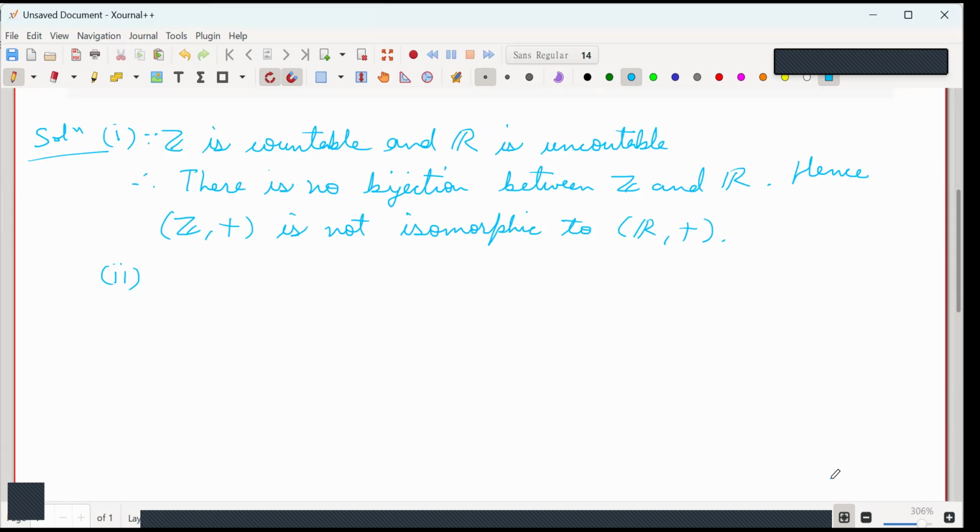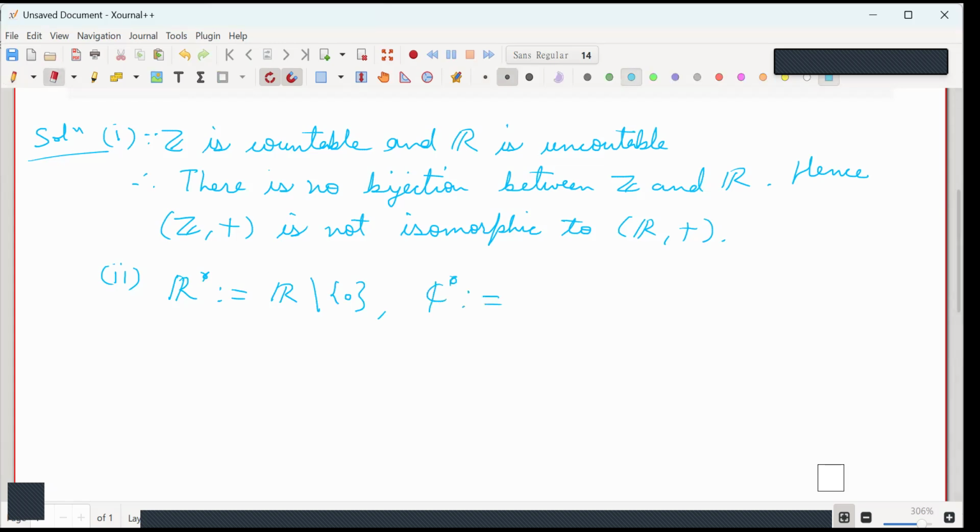Let me first start with this notation. This notation you know, right? The set R minus 0, and C star is similarly defined.